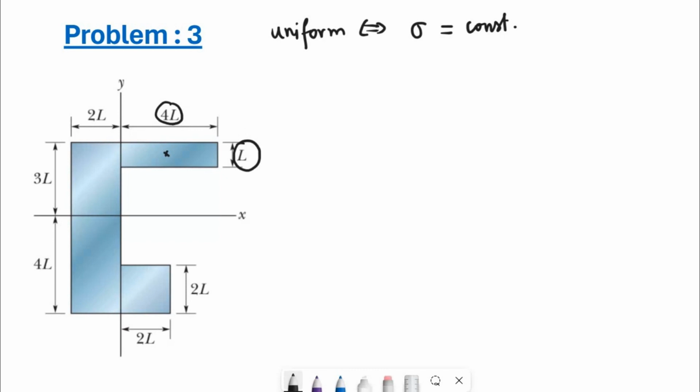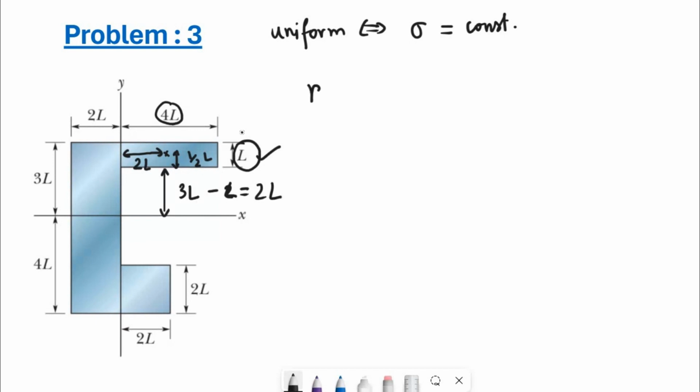And this is supposed to be, very intuitively, half L distance away. And so this distance here is 3L minus this quantity here, which is just L. So that is going to be twice L. So twice L plus half.